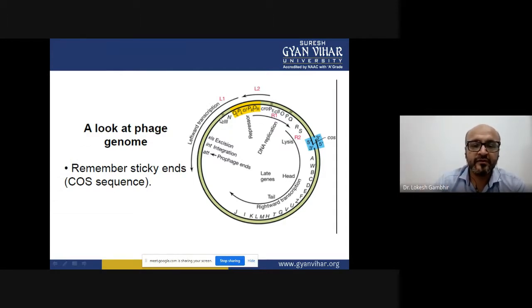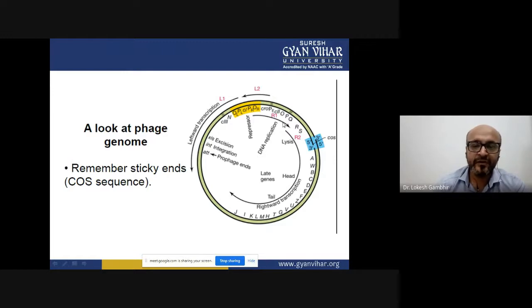This is the circular double-stranded DNA of lambda phage. We have shown the leftward transcription, where the promoter's expression results in formation of mRNA anti-clockwise, and then there are promoters going rightward, clockwise.